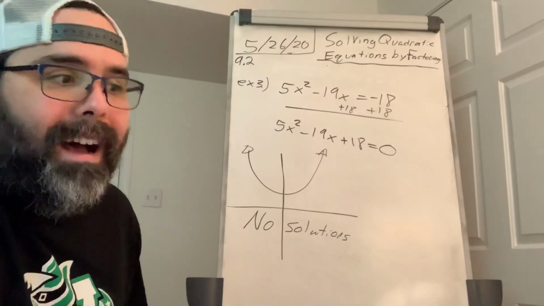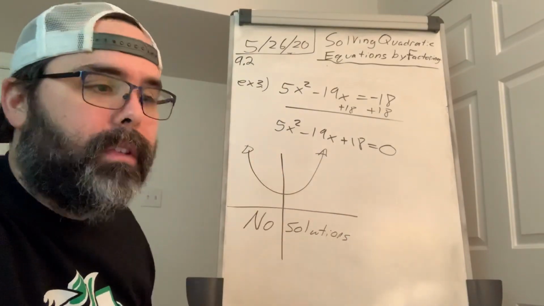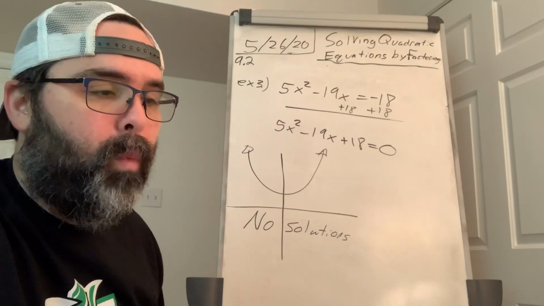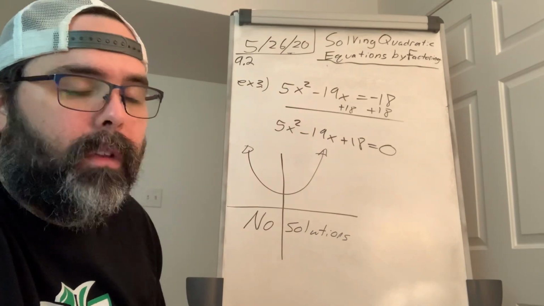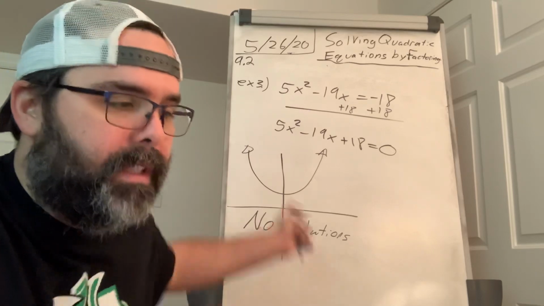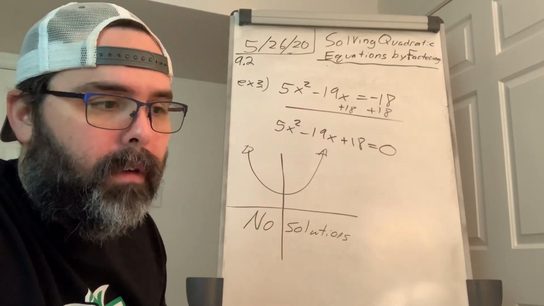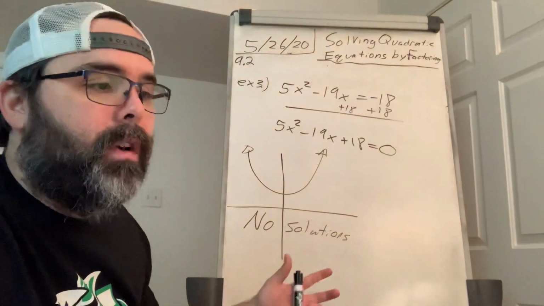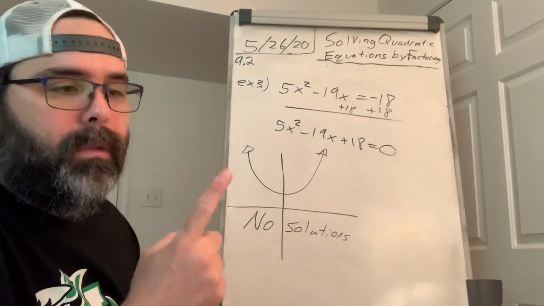It's possible that the line will never cross the x-axis, and therefore there are no x values when y is 0. So we say that's no solution, or no zeros.